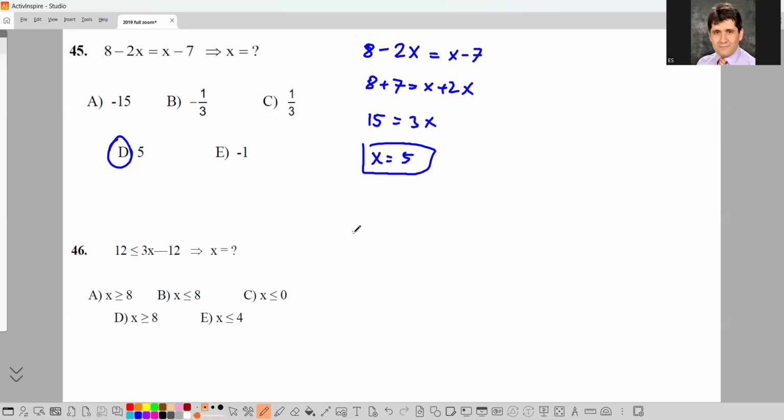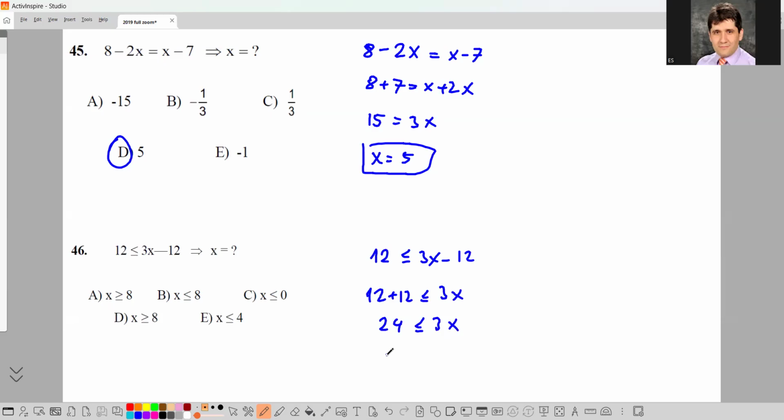The next question is similar but not equation, inequality. 12 less than 3x minus 12. So taking this negative 12 on the other side, we get 12 plus 12 is less than or equal to 3x. 24 is less than or equal to 3x.